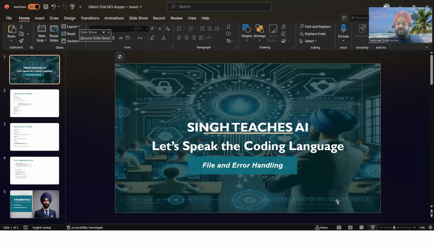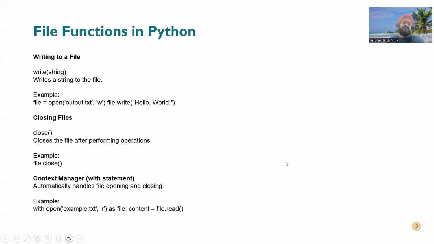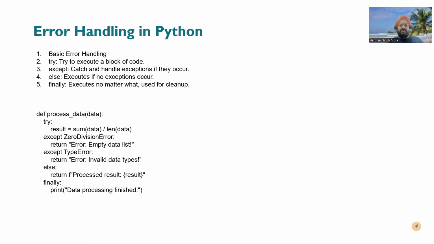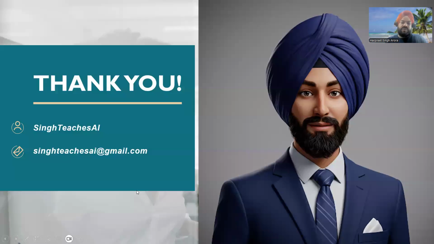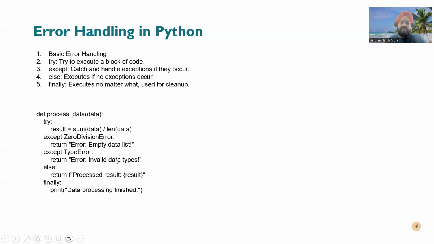Is there any other way to handle errors? Why not? There's one more thing while handling errors. One example where you are not just using try and except, you are also using else and finally.